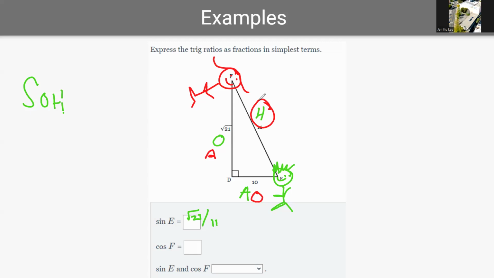So cosine of F is going to be square root of 21 over 11, which is the same number as this because of what we just talked about, how the sine of one angle equals the cosine of the other angle. All right?